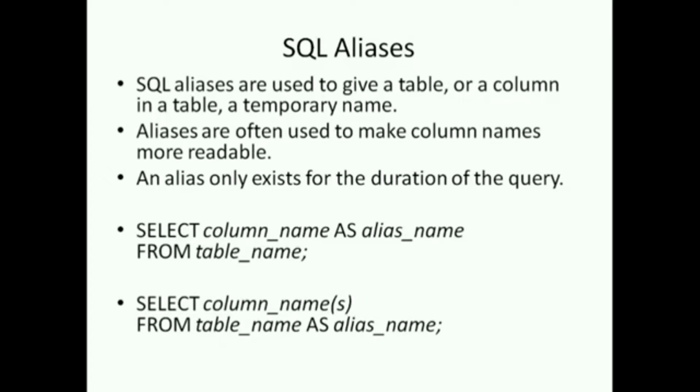So we use as, जो as word keyword है उसको यूज करना है. And the alias name जो आप temporary name देंगे, it will only exist for the duration of the query. वो query होने के बाद अगर आप फिर से वो वही यूज करने की कोशिश करेंगे तो it will not work. It will be only for the duration of that particular query.